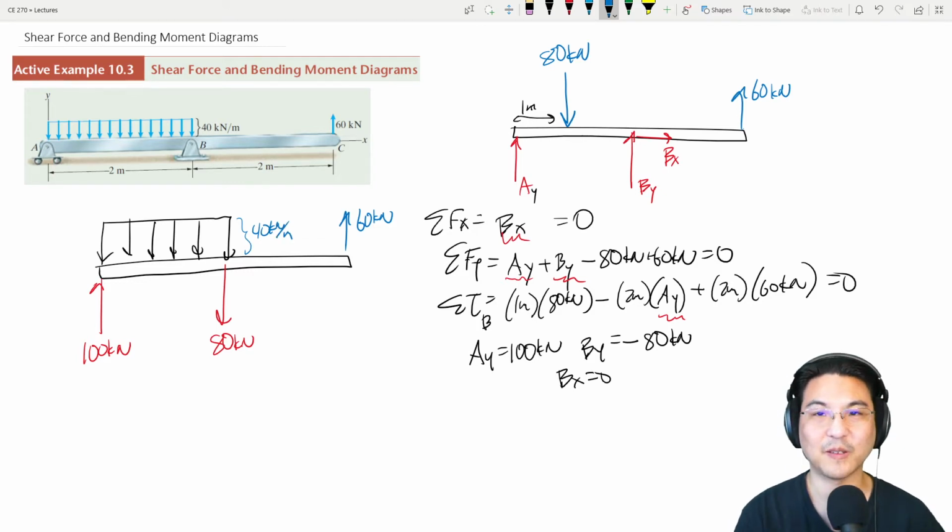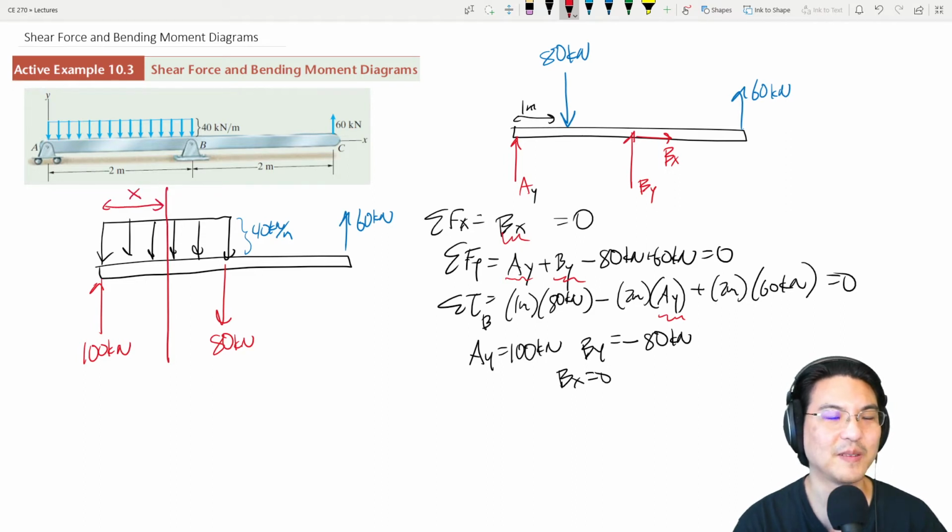Okay, so here's what we do. If we cut a section somewhere between here and here, no matter where we cut it, at some arbitrary x between 0 and 2 meters, so this is x between 0 and 2 meters, let's see if you agree.